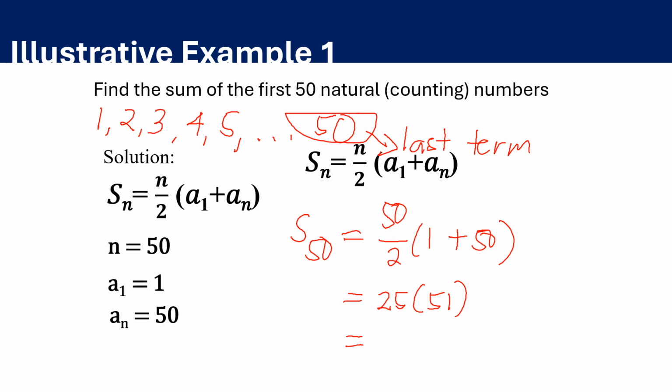I will give you time to find the product of these two. That is equal to 1,275. So therefore, the sum of the first 50 counting numbers is 1,275. So again, when the last term is already given in the sequence, then we use this formula.